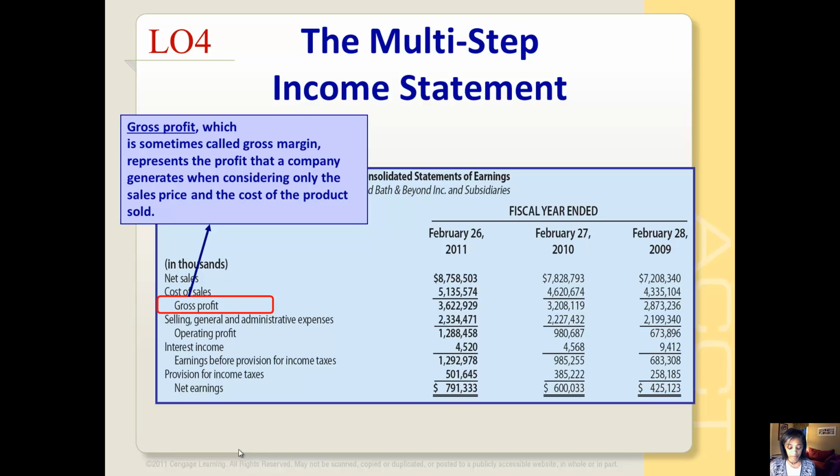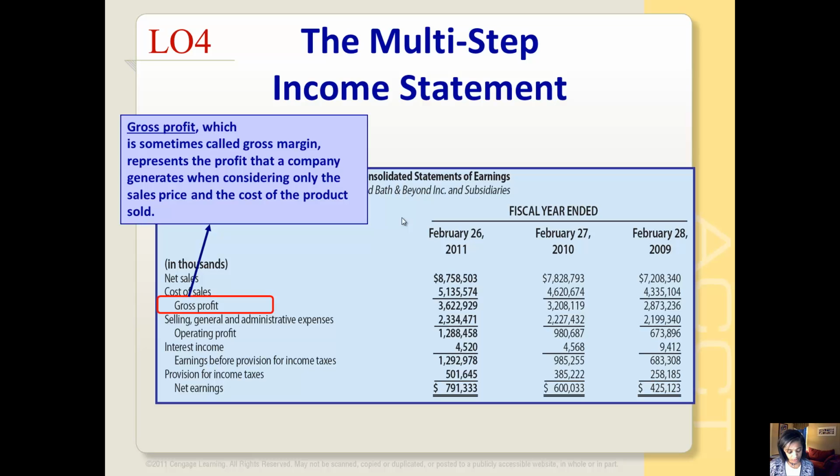So a multi-step income statement calculates income by grouping certain revenues and expenses together and calculating several subtotals of income. While most companies prepare multi-step statements, there is some variation in how they are prepared.